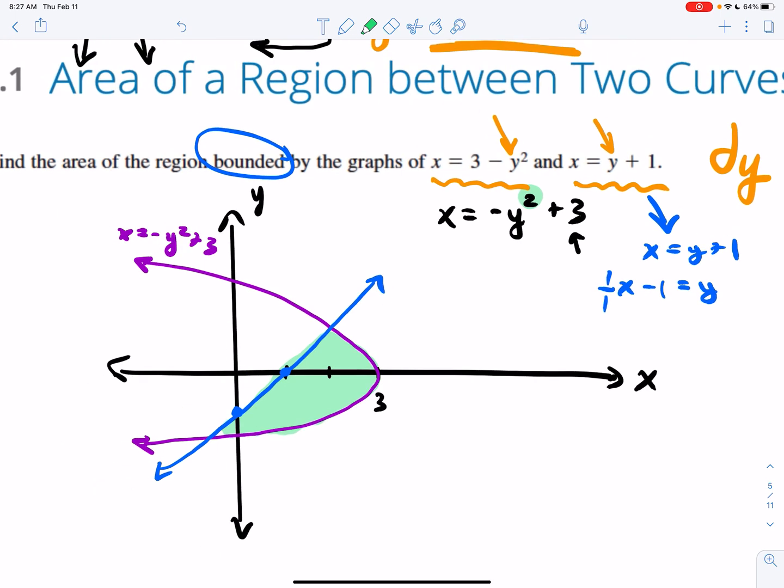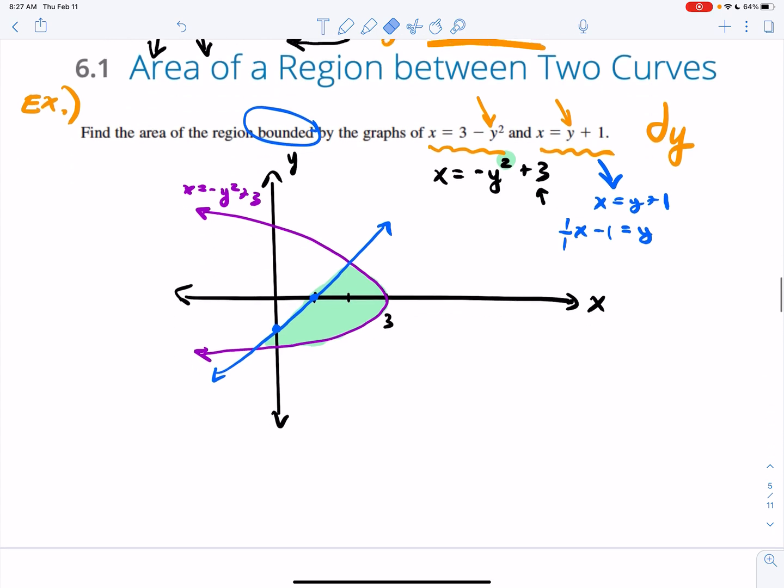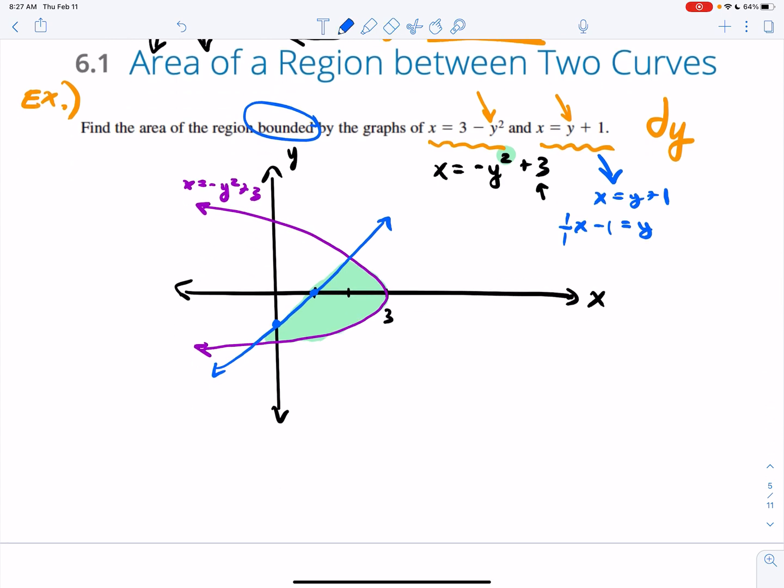Okay? So a picture gives you two things. So remember in the last lesson, a picture gives you two things. What information does it give you in regards to the area, okay? Pause, really think about that. What does a picture tell you? Or what information can you get from a picture?